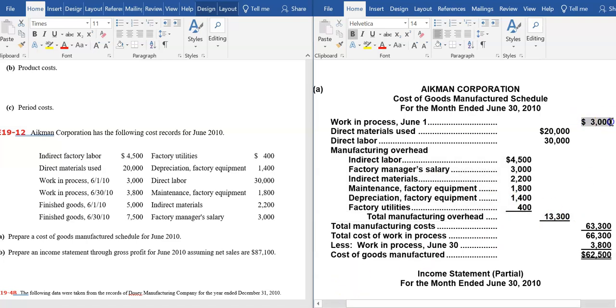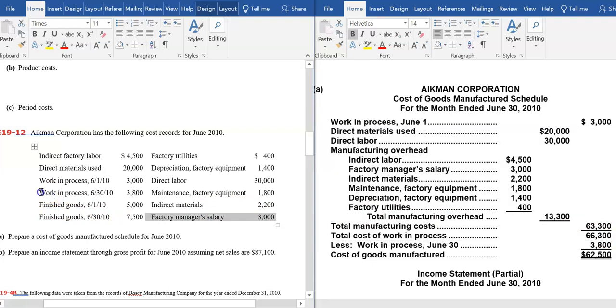Thus, we had $3,000 of cost in beginning work in process inventory. We added another $60,300 in additional manufacturing costs during the period, bringing the total cost of manufacturing for work in process of $66,300.